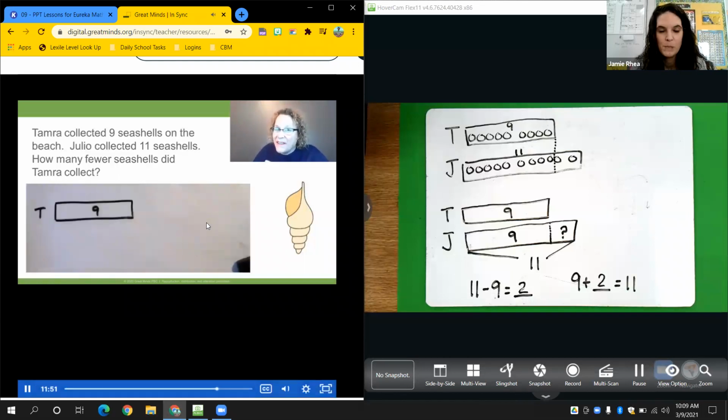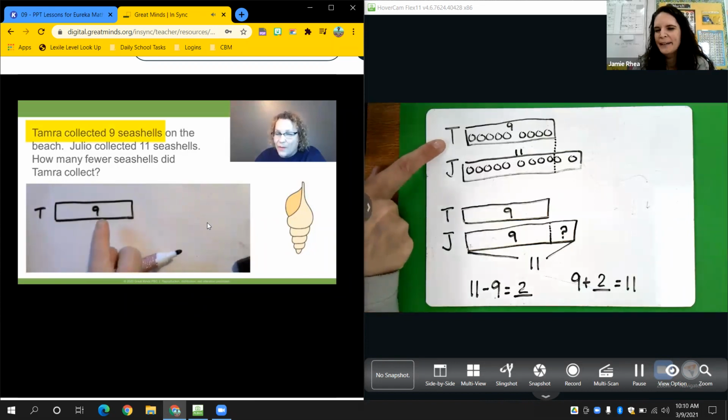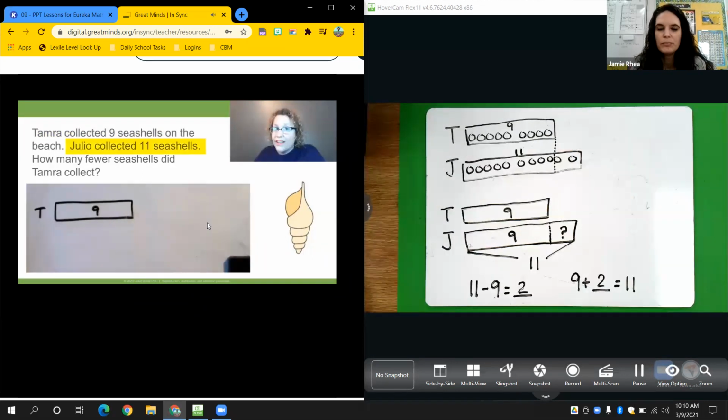I decided not to finish my way so that if you needed some help, I can show you how to set up a double tape diagram. We know that Tamara collected 9 seashells. So I drew her tape, labeled it with a T, and wrote 9 inside. Fairly simple. Julio collected 11 seashells.